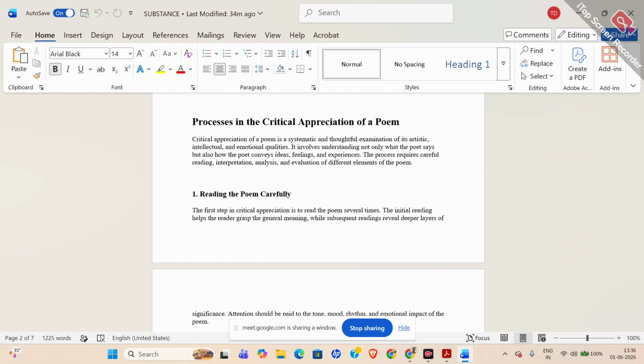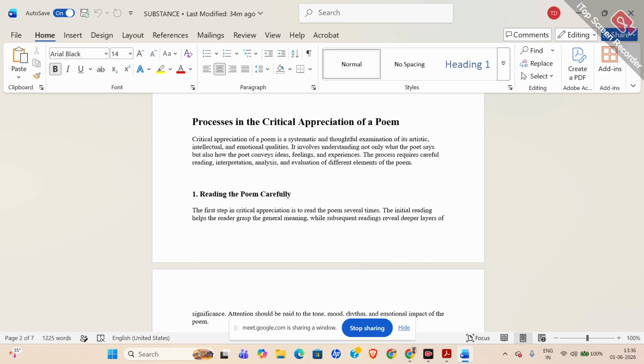So when you are trying to write a critical appreciation of a poem, it is a systematic process and a kind of thoughtful examination.